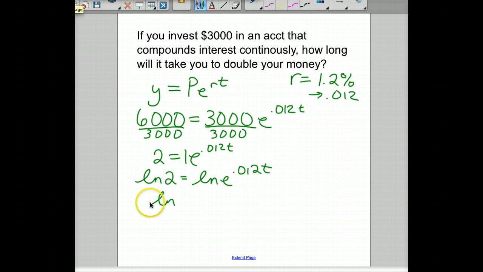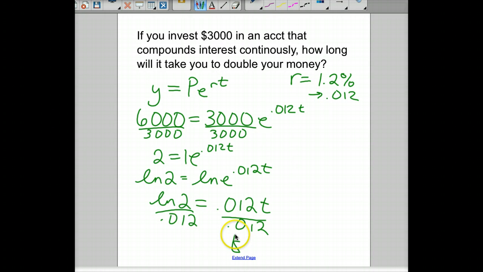So natural log of 2 equals 0.012t, and then divide both sides by 0.012. And t equals whatever natural log of 2 divided by 0.012 is, which is about 57.76 years. So about 58 years.